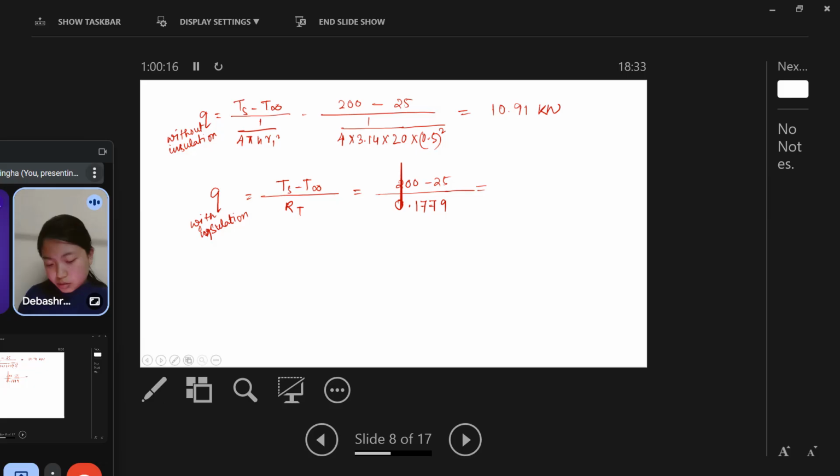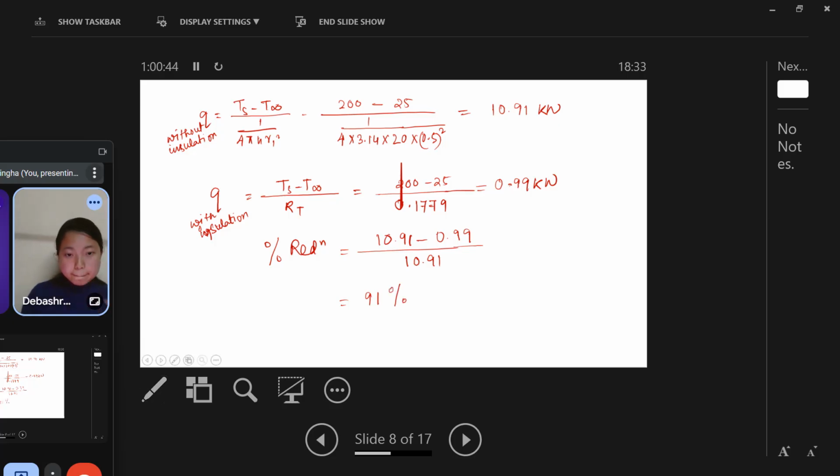Here you'll get around 0.99 kilowatt. So what is the percentage reduction? You'll get this to be around 91%. So you got how to do this.